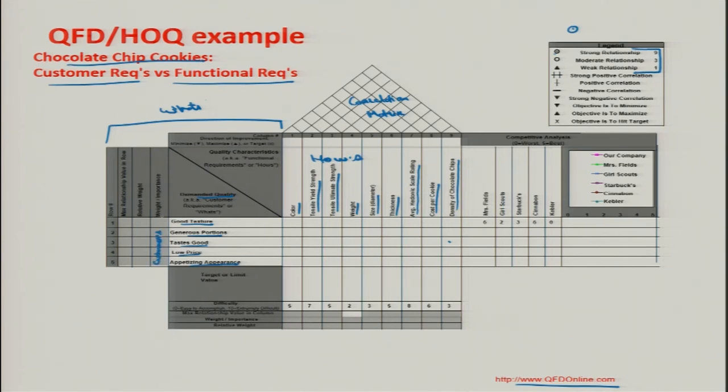Customer importance is written here. And this is our relationship matrix. These are the competitors' ratings. So, this is the flow diagram for the competitors' rating.